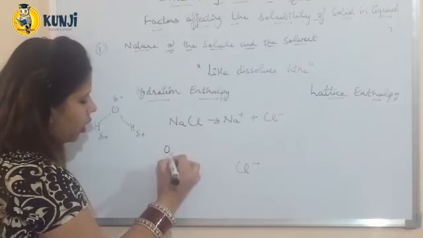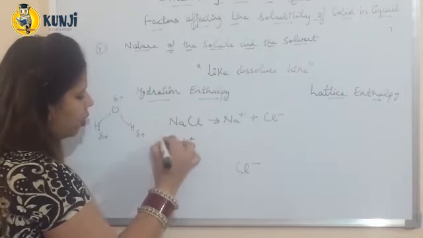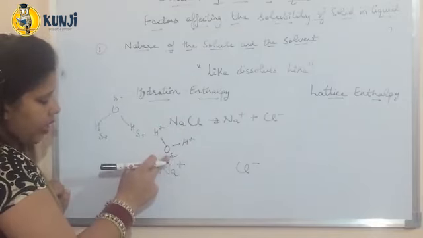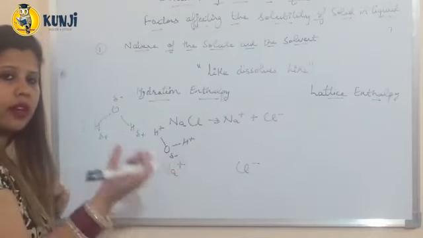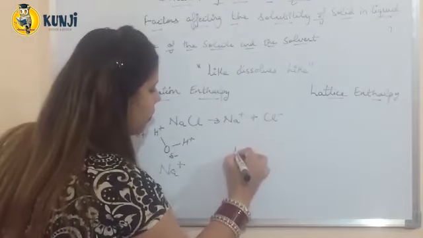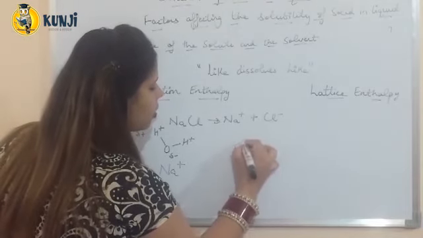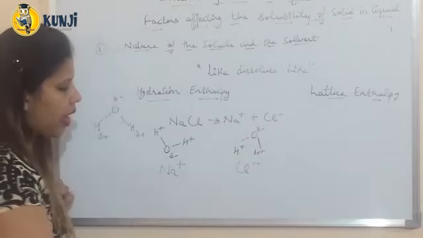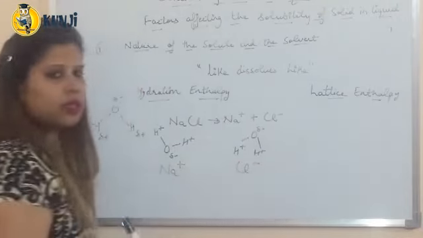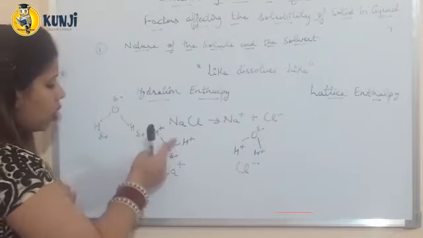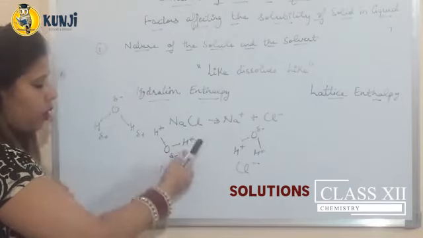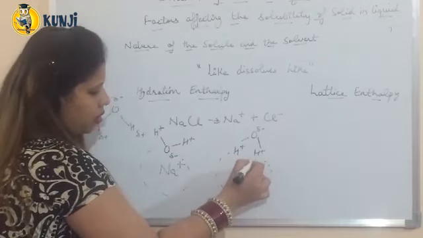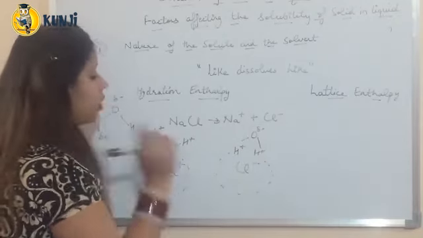Now the water molecule will surround itself around the Na positive so that partial negative charge and positive charge attracts each other. On the other hand, here H positive will be inward and O negative will be outward as negative and positive charges attract each other. So this is how water molecule will surround the Na positive and Cl negative will be surrounded by water like this.